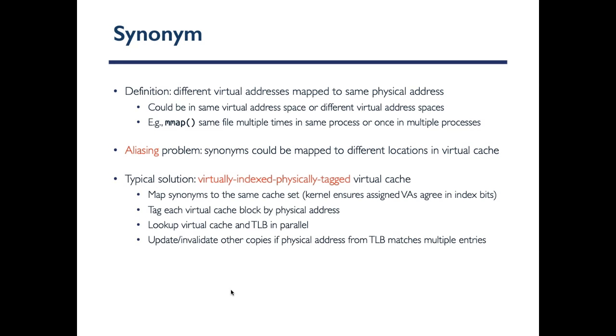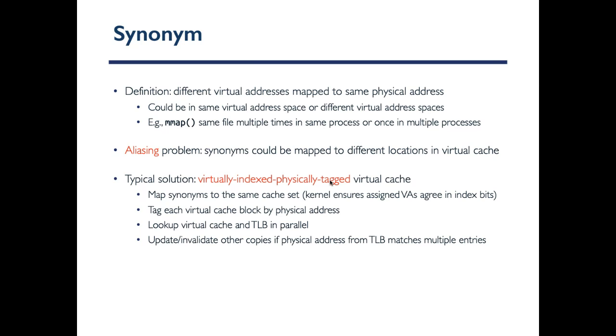So that's a problem. One typical solution that is used is you virtually index your cache, but physically tag it. So if you remember about tags, instead of using bits from your virtual address to tag your data, you can use physical address to tag your data.